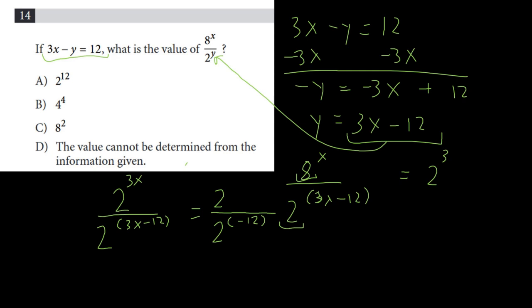And then what ends up happening is that negative 12 on the bottom actually gets flipped up top because we can never have a negative exponent. So the final answer would be 2 to the 12th power, which is 8.